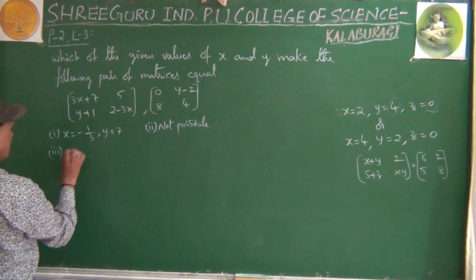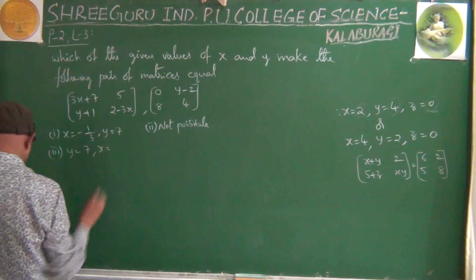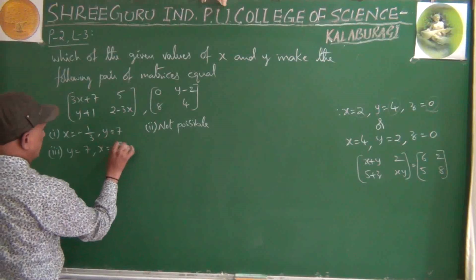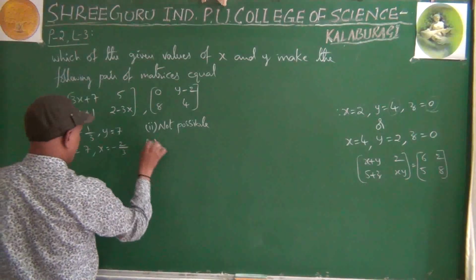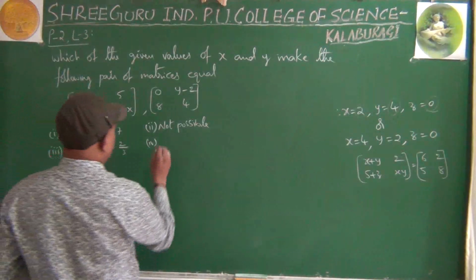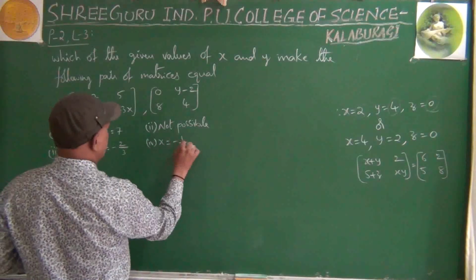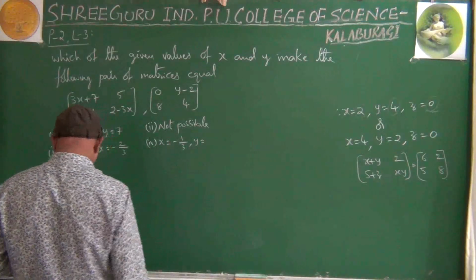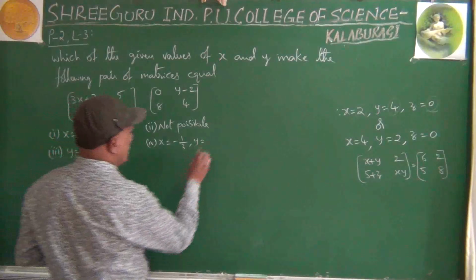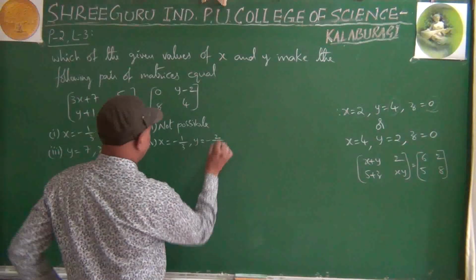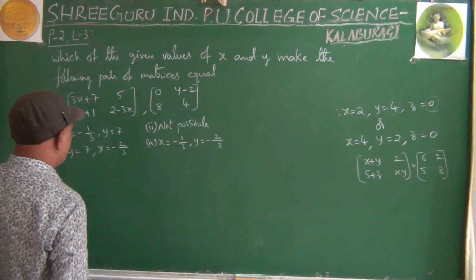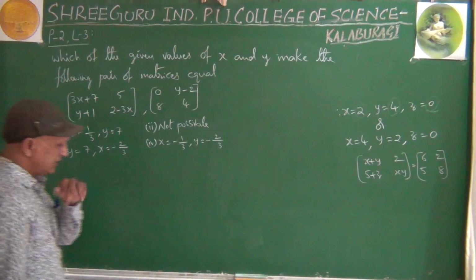Third option, y equal to 7, x equal to minus 2 by 3. Fourth option, x equal to minus 1 by 3, y equals minus 2 by 3. Right? This is the question.